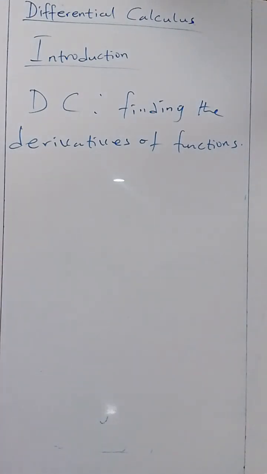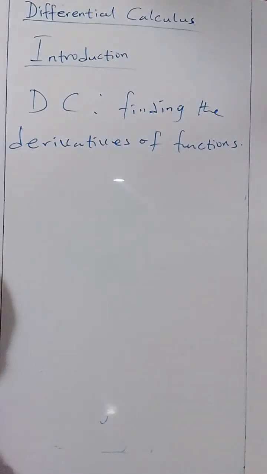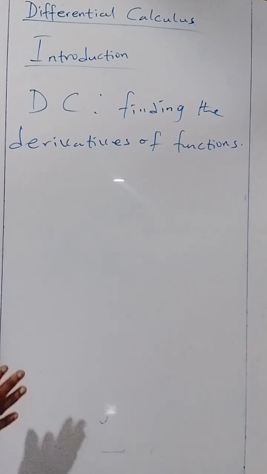So what do I mean by derivatives of a function? Derivative of a function simply means the rate of change in the dependent variable of that function with respect to a unit change in the independent variable of that function.